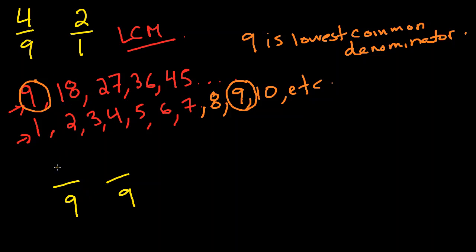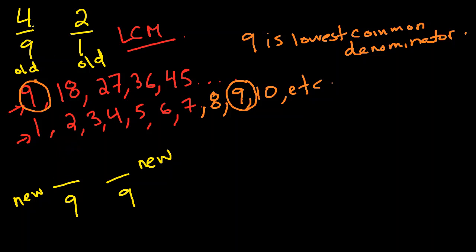So how do we get the numerator of our new fraction? These are our old fractions, and these are our new fractions with the lowest common denominator. We already know the denominator has to be equal to 9, but how do we get the numerator?